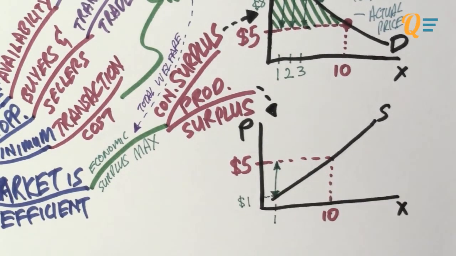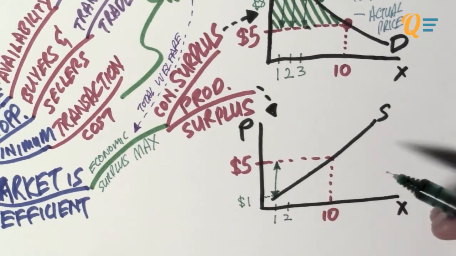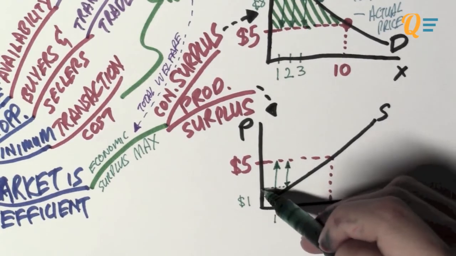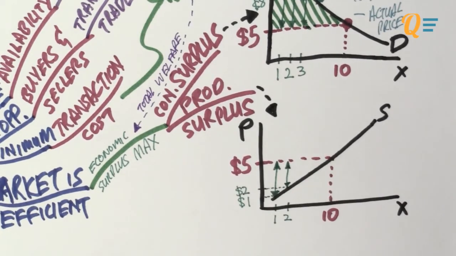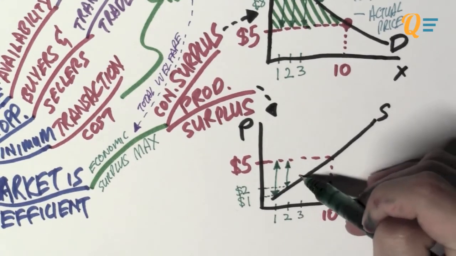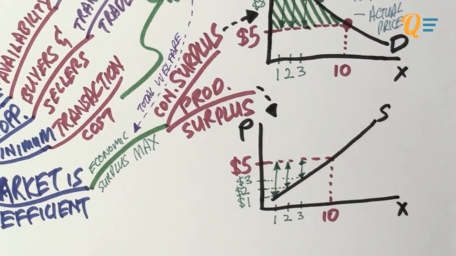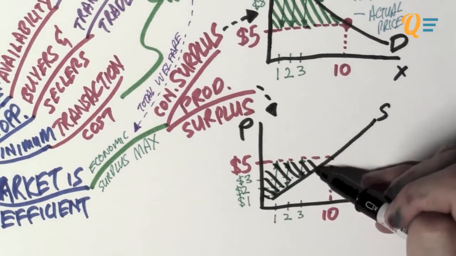Because at 1 unit, he might have only been willing to sell it at $1, but he managed to get $5, so that's a surplus of $4 to the producer. As the seller starts to sell more units of X, he's going to realize that there's always going to be positive surplus for every additional unit of X that he sells. So he keeps selling this until what we call the marginal surplus reaches 0, okay, which is at the price of 5 and the quantity of X.